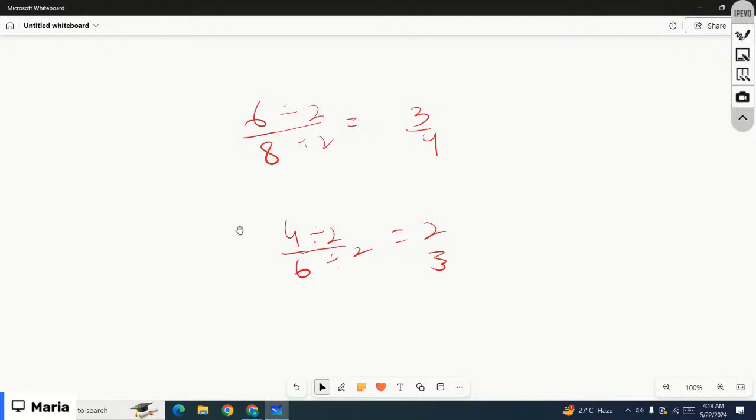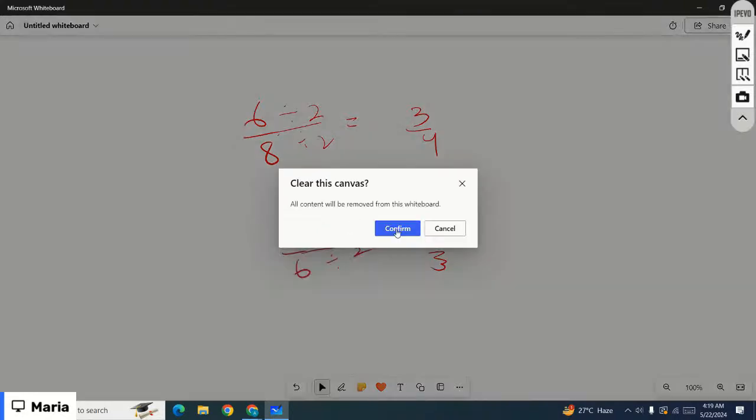Okay, the next one is we have to write down 2 by 6 in the lowest term.